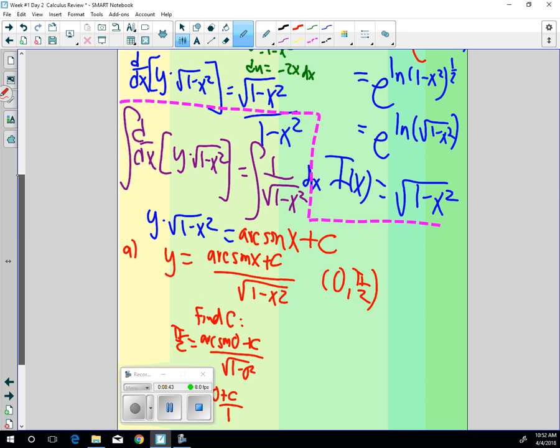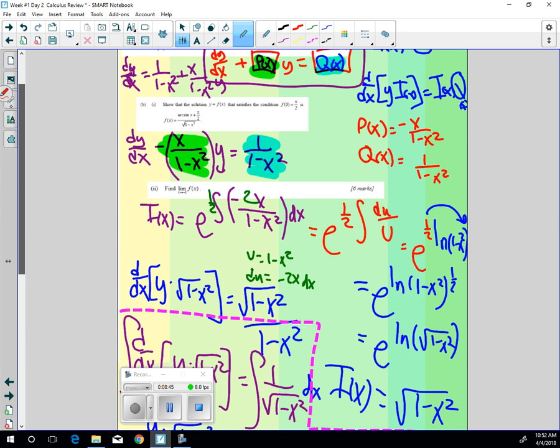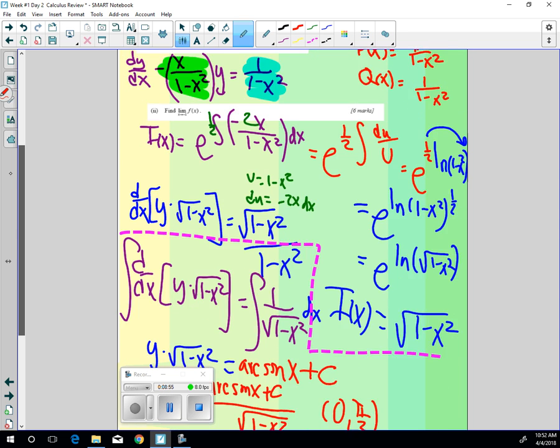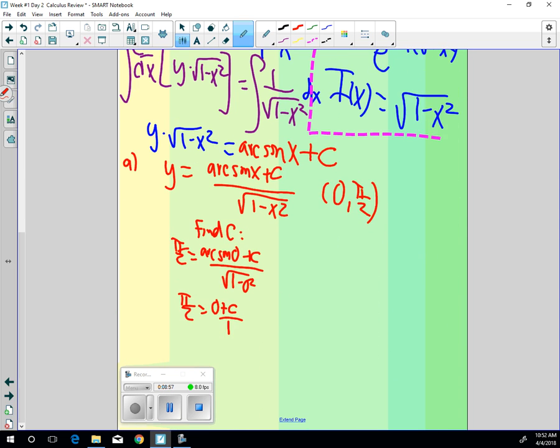It's saying here, when f of 0 is pi over 2, this equation should be the case. So x is 0 and y is pi over 2, and yep, that's right. I showed that c is pi over 2, so that's going to be my equation.